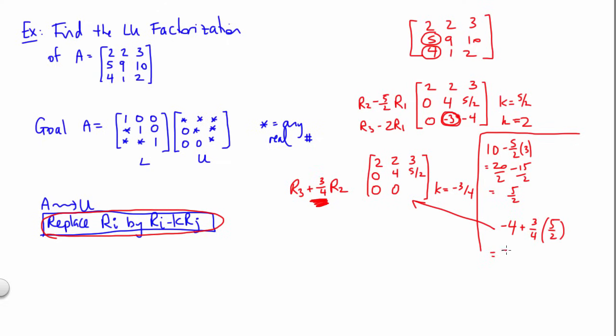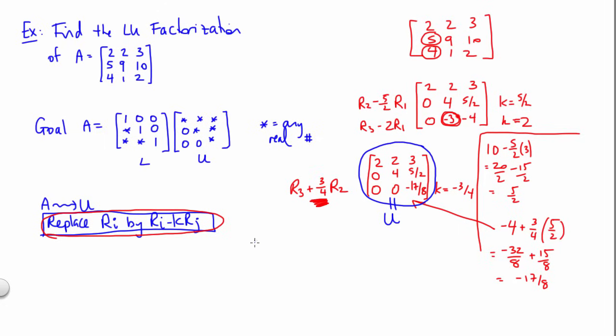So if we put everything over 8, we've got -32/8 plus 15/8 gives us -17/8. And that's what's going to go in the bottom right-hand corner there. So at this point, we have found an upper triangular matrix. This is the matrix U that we're going to be using in the LU factorization.